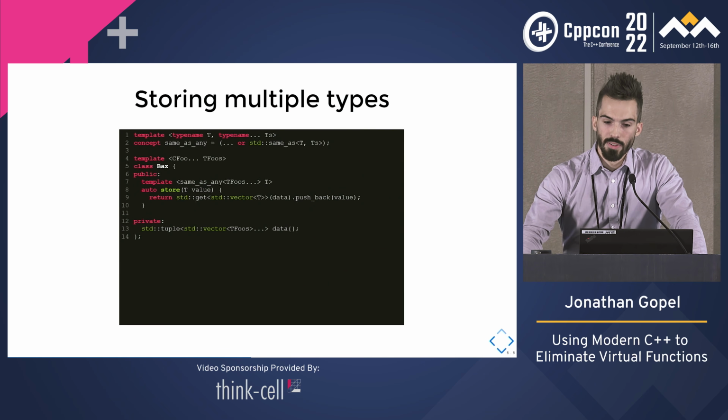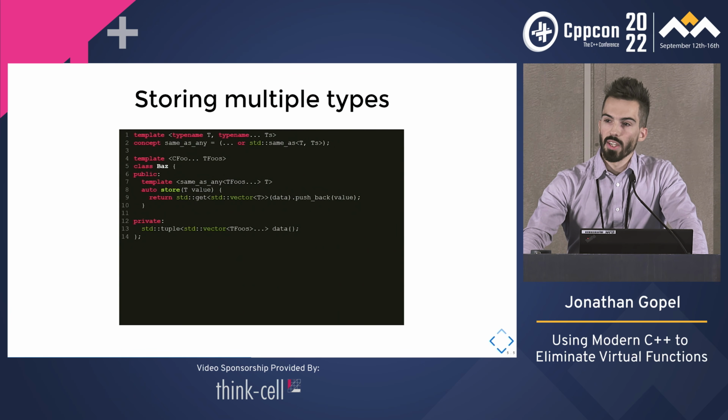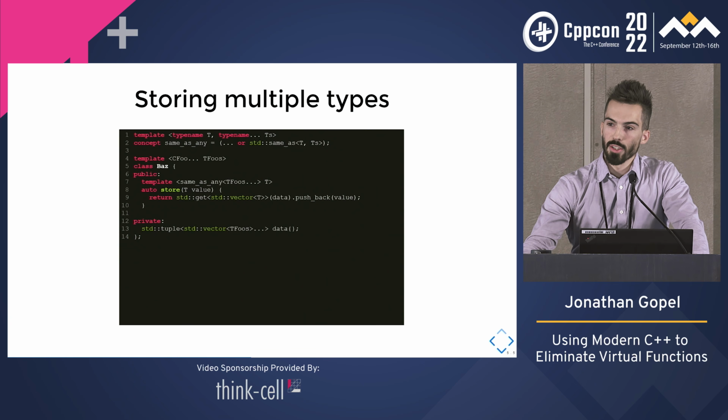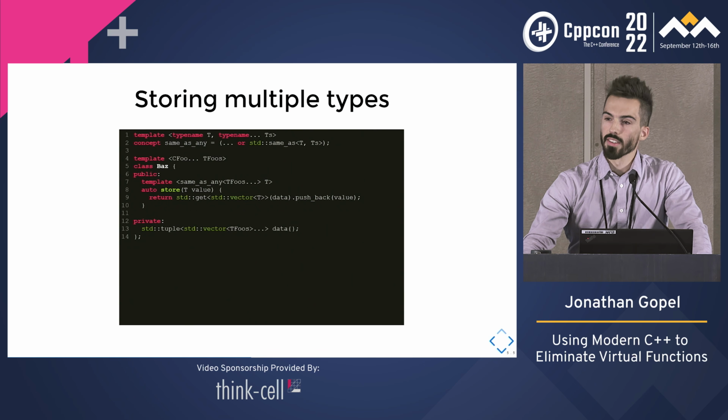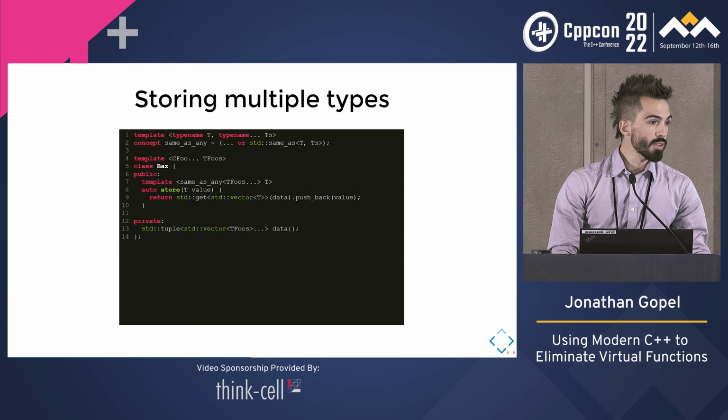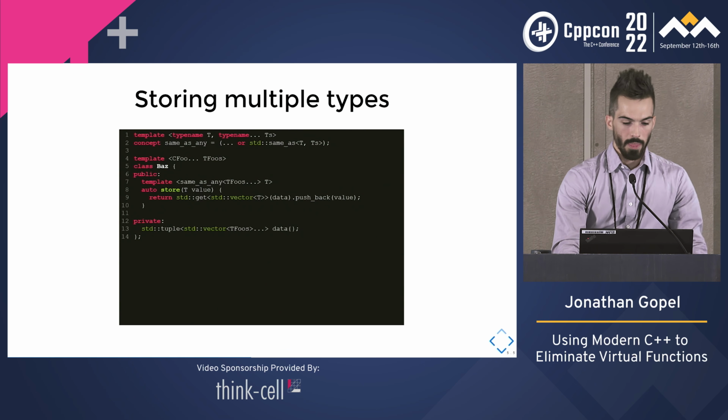Because we have a bunch of separate vectors, our ordering is consistent within each vector, but the order in between vectors is not knowable without some additional information. So you could keep some sort of order parameter and store it in the vector, and then you could reconstruct the order if you wanted to. But if you don't want to have any storage overhead, you lose that information. Yes. Any other questions? Okay, cool.